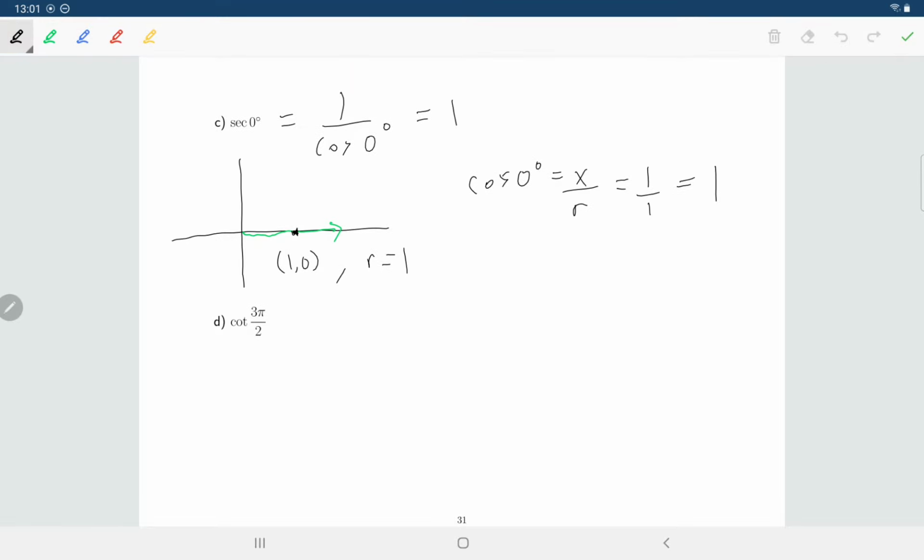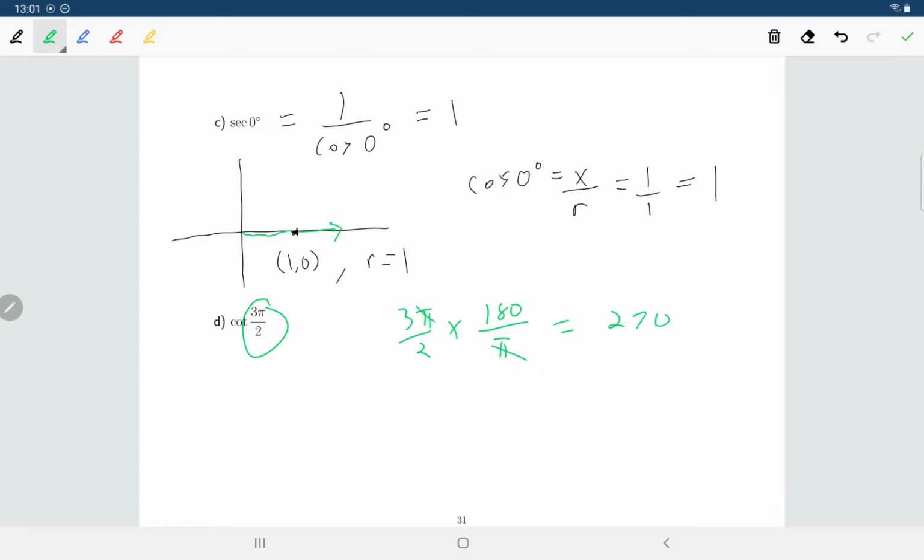For the next problem, this is where we're starting to mix in some radians just for fun. So you might have to, on the side, figure out that 3 pi over 2 is the same thing as 270 degrees.